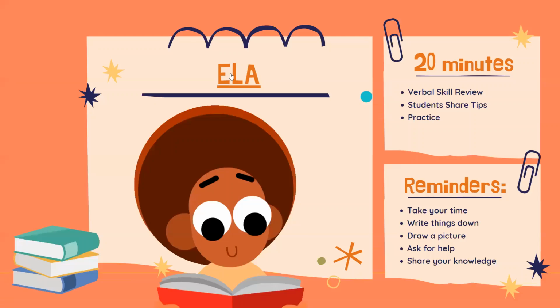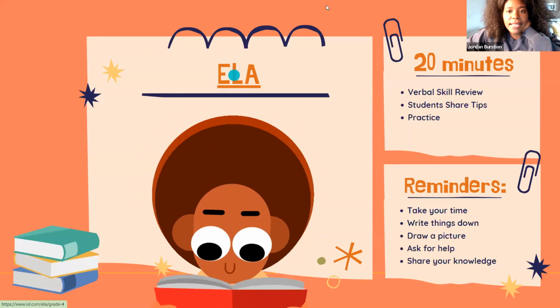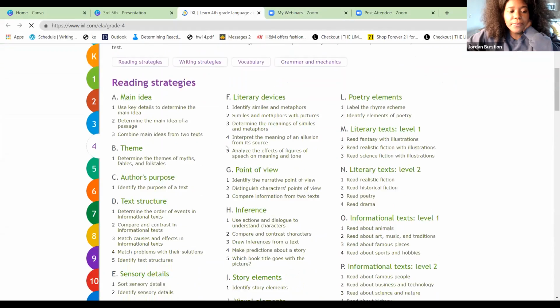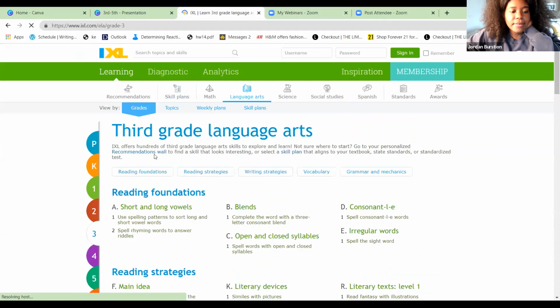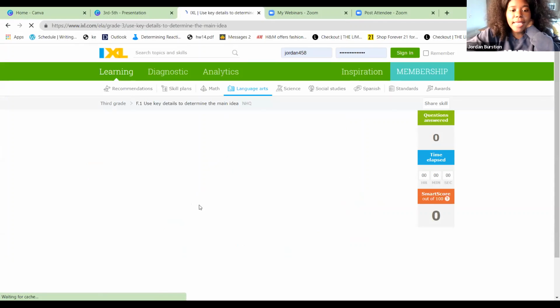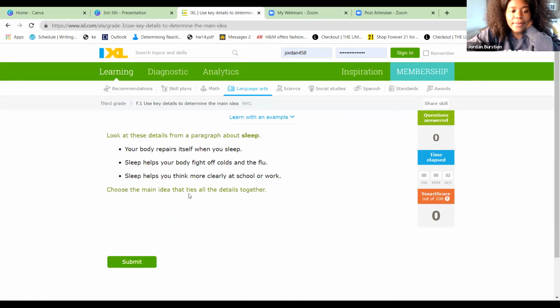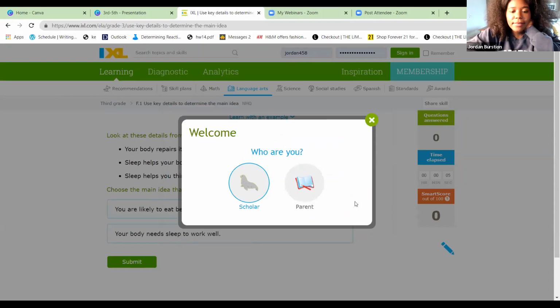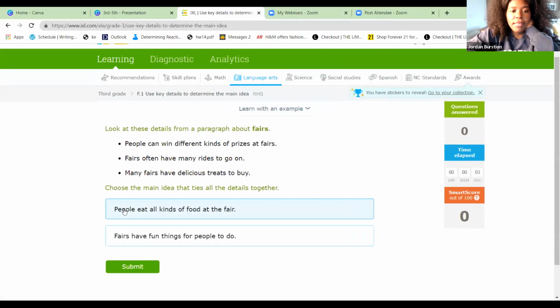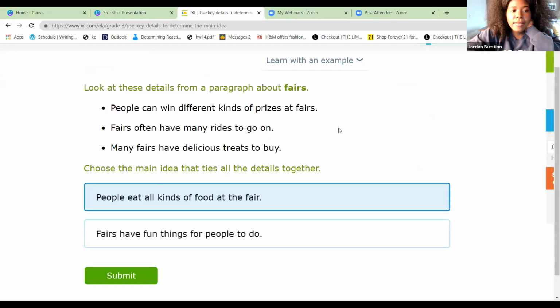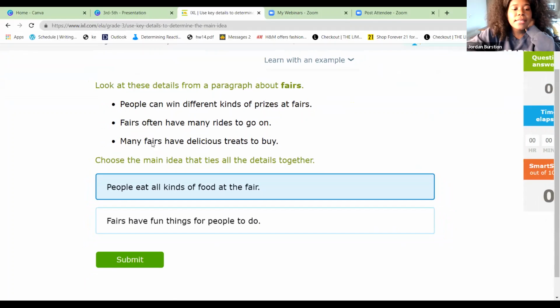Now we'll do the reading part for today. So we will work for a little bit on main ideas to get started. Oops, one second.